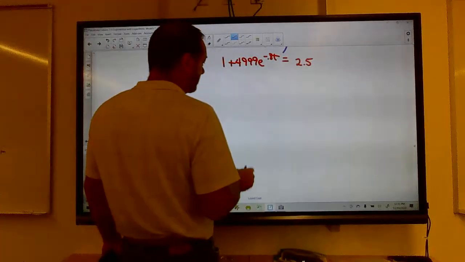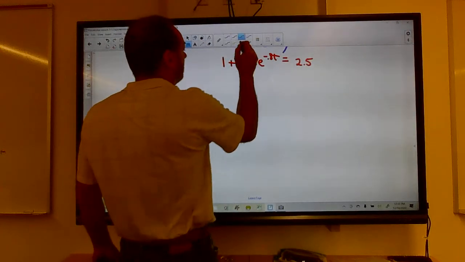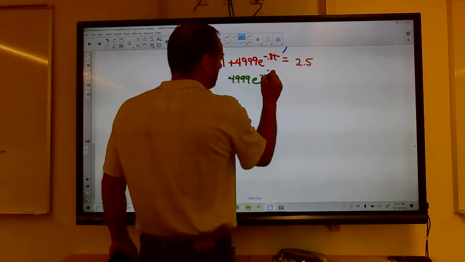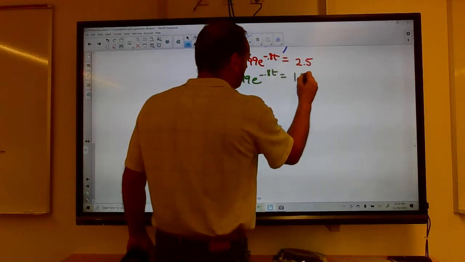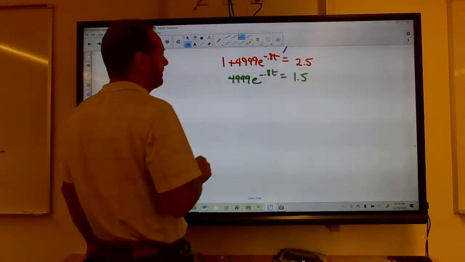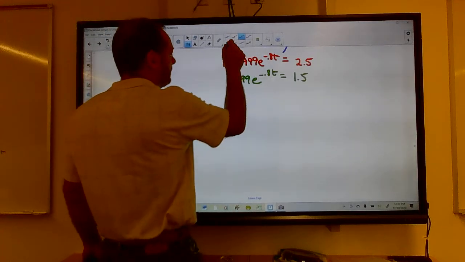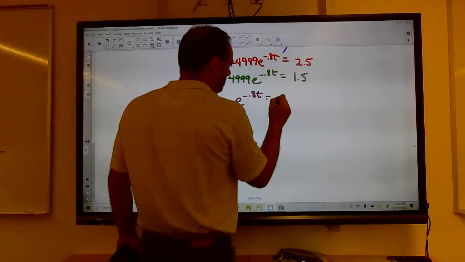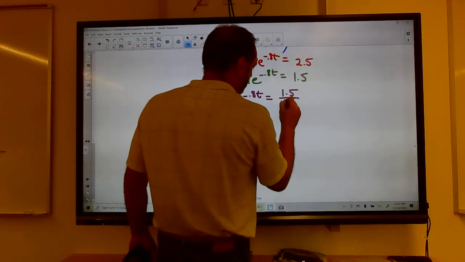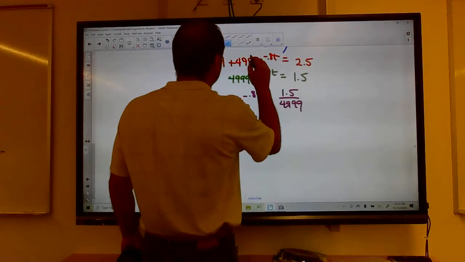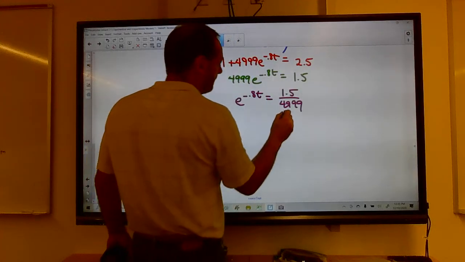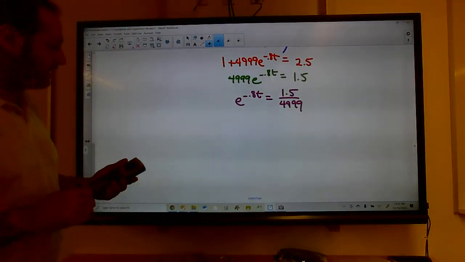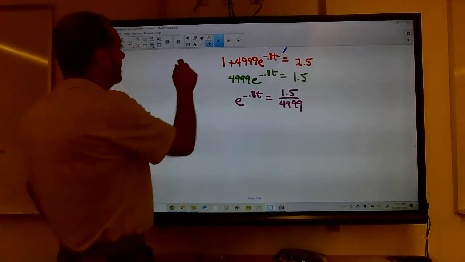And then I'm going to subtract 1 from both sides. And next I'm going to divide by 4,999. And then I'm going to take the natural log of both sides.